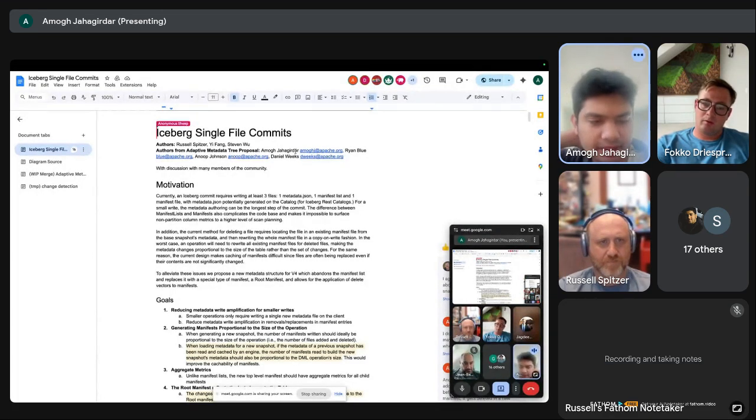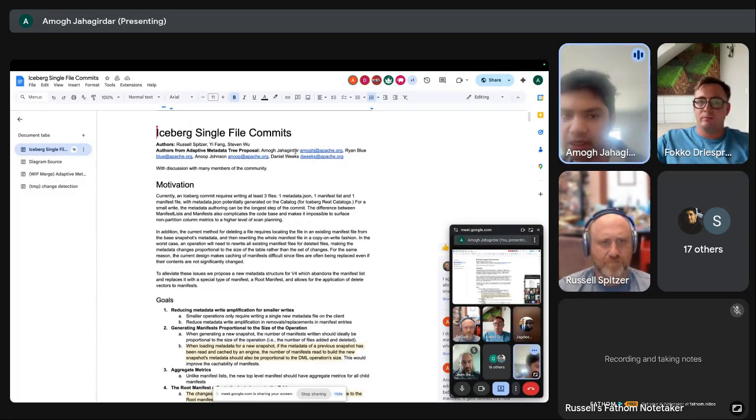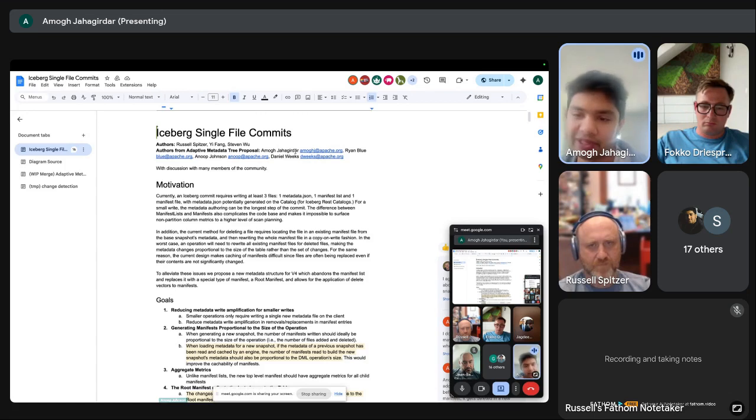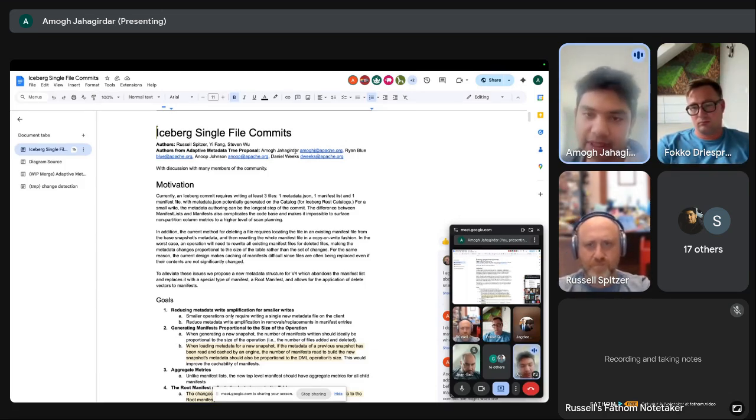Effectively, if we look at the structure of the tree today, a writer producing a single data file has to not only write that data file, but also produce a manifest file, a manifest list, and a metadata JSON, and then commit that. If it's an IRC, the server is writing that, but if it's not, a client produces and commits that.